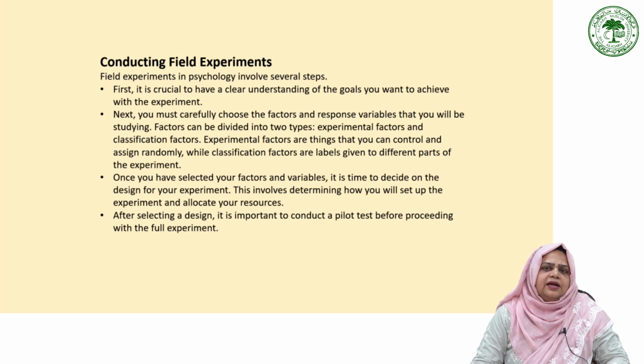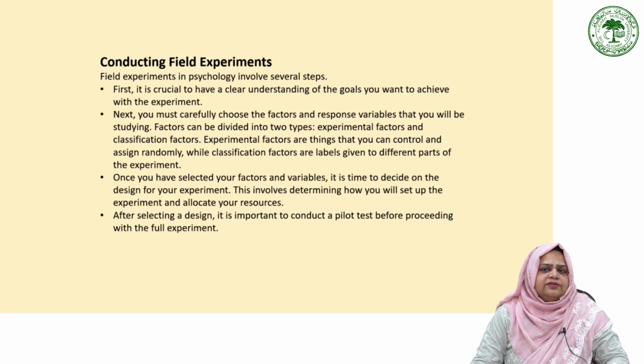Once the researchers have a clear understanding of the goal, they need to choose the factors and response variables that they are studying. Factors can be experimental or classification, and they can be quantitative or qualitative.